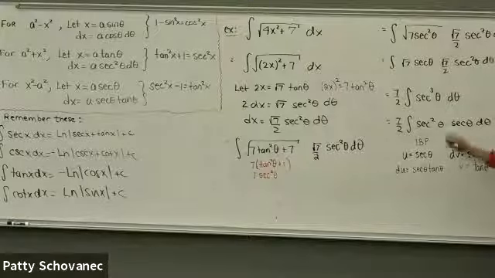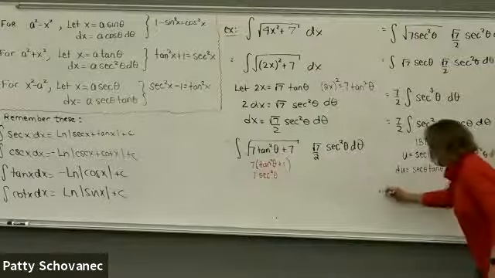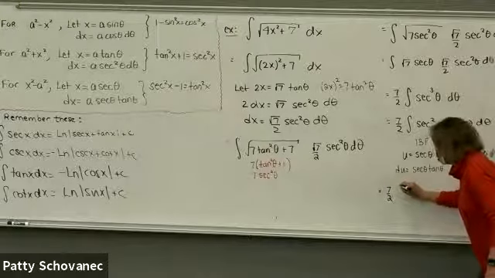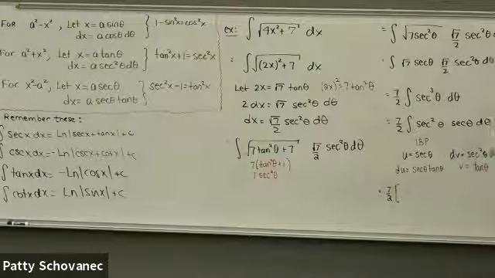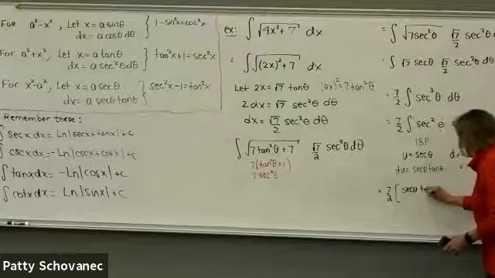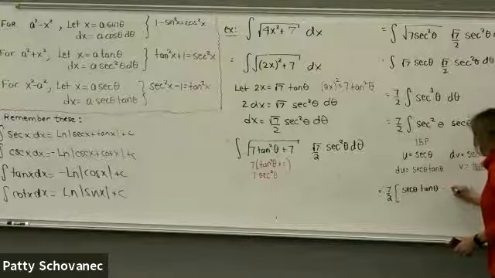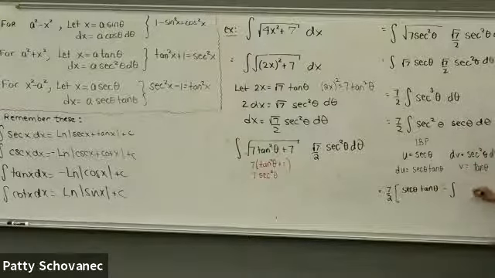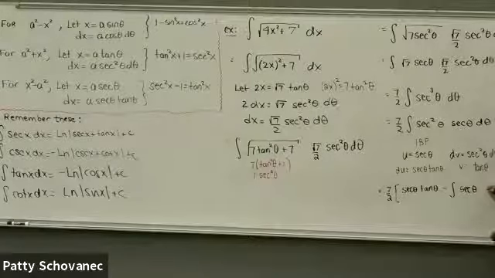And so this integral becomes 7 halves times uv minus the integral of v du. So uv is secant theta tan theta minus the integral of v times du. Secant of theta tan theta times another tan theta will give me a tangent squared theta.